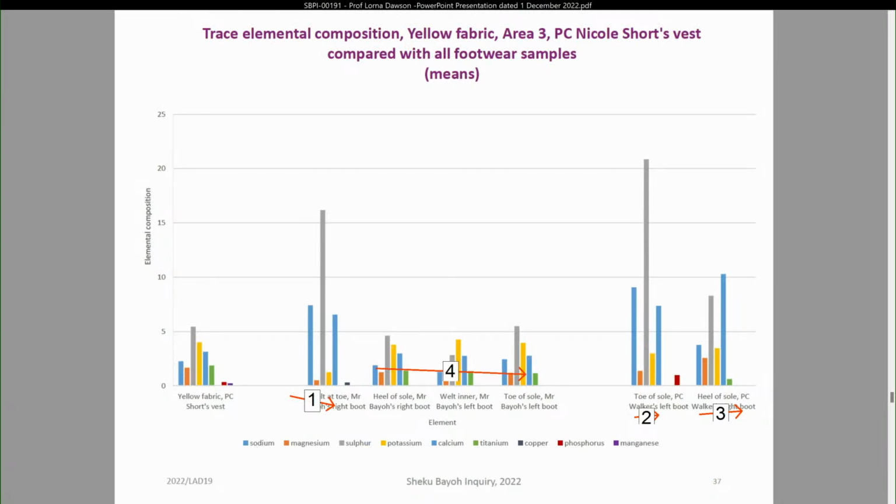Whereas the 3 samples here are similar to that of the yellow fabric in area 3 from PC Nicole Short's vest. So this is just a simplified visual representation of the data that we looked at a moment ago, using the means rather than the individual replicates. That's correct. Can we move to slide 38, please?